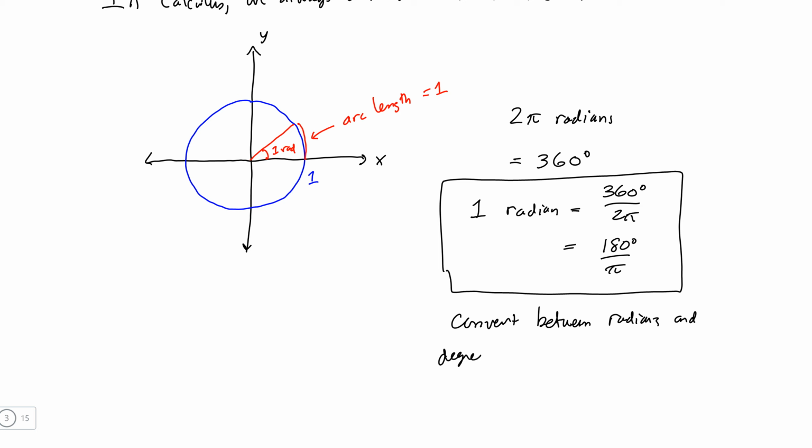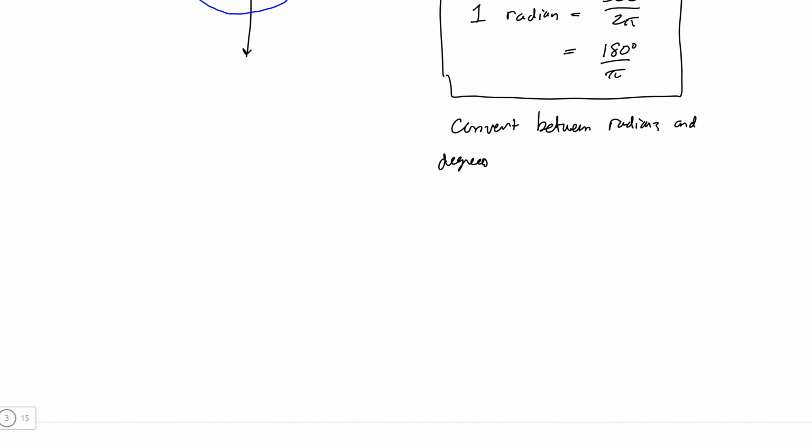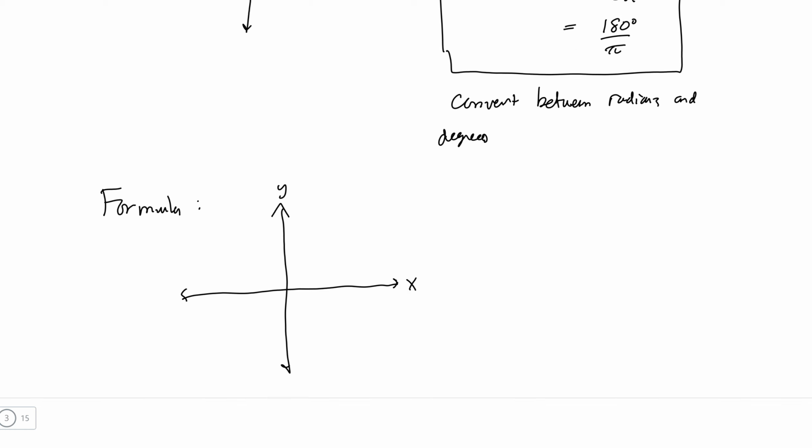Now I did say we're always going to use radians in calculus, but sometimes problems will be presented in terms of degrees, so we do need to know how to convert back and forth between the two. And one other nice formula to remember that goes along these lines, and hopefully you've seen it before, but if not, that's fine: if I draw a circle here again, but now I'm not saying this is the unit circle.